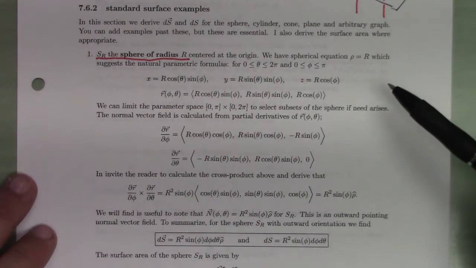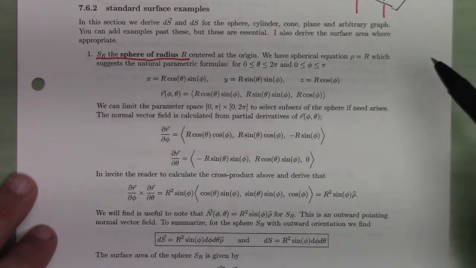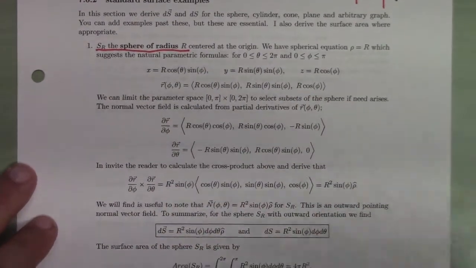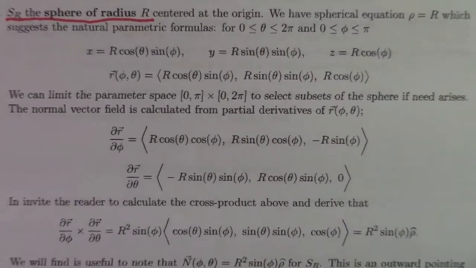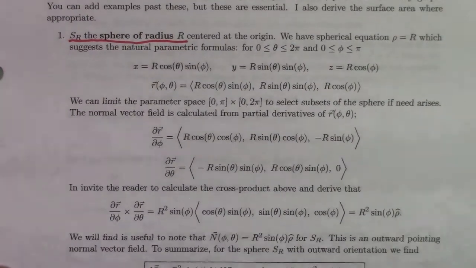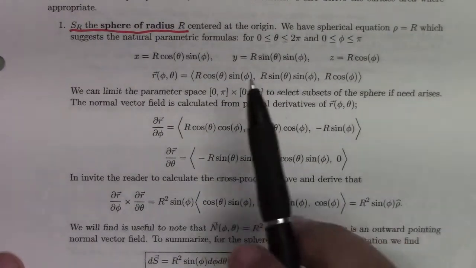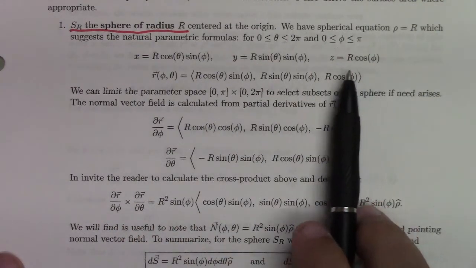But we have to understand the way this is working. So in example 1, you've got a sphere of radius r. How do you parameterize the sphere? The easiest way is to use spherical coordinates and freeze the spherical radius at r. So I set rho equal to r, and that gives me this parameterization.